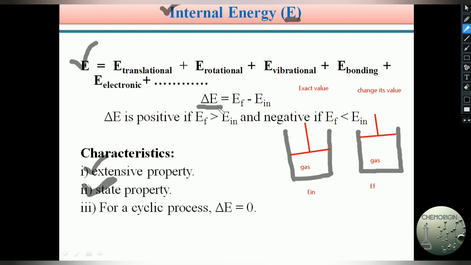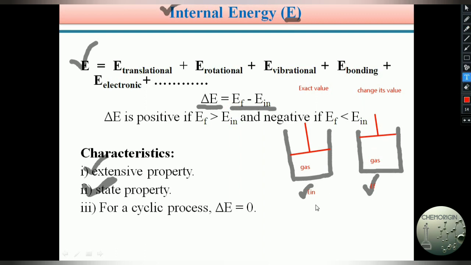For example, initially the system has internal energy E initial. After some work done, the system's internal energy is E final. In this change in internal energy case, the energy or heat or work flows from system to surroundings or from surroundings to system. Therefore, change in internal energy is final internal energy minus initial internal energy.